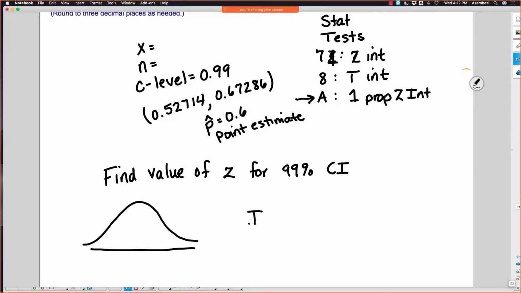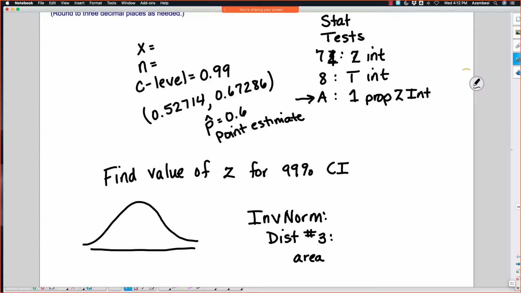So the calculator function is inverse normal, and it's under the distributions, and it's number 3. On distributions, what it asks you for is an area.